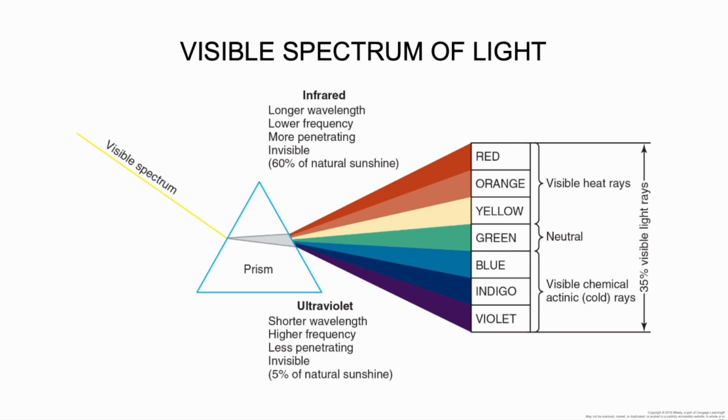So there's a spectrum of light which we can see, and ultraviolet and infrared waves are beyond that spectrum, and that's why we can't see them. So even though they are still light, it is non-visible light, so we can't see it with the naked eye. Invisible light is light at either end of the spectrum, but it's light that we can't see ultimately.